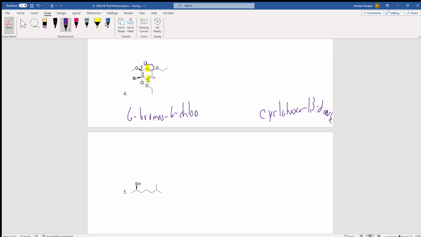The first and third carbons both have ethoxy groups, so diethoxy. And we've run out of room, so we're just going to continue up, and then we'd come back to the cyclohexadiene. And then carbon 5 has a methoxy group.